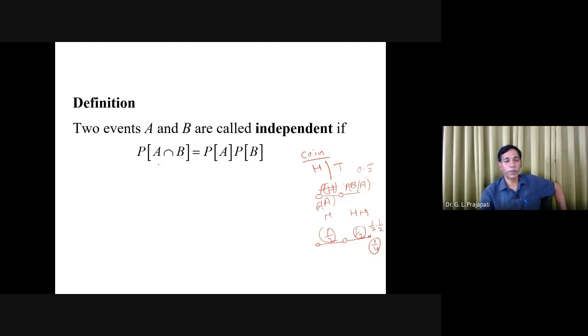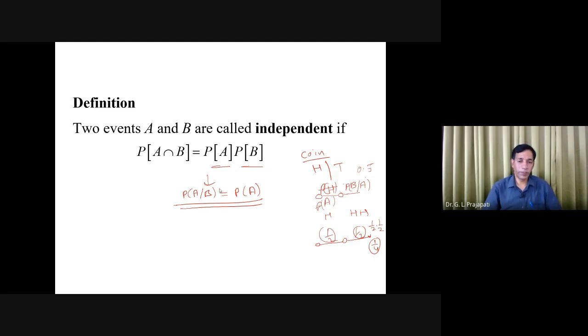So that's why, if two events A and B are independent, then probability of A and B is equal to probability of A times probability of B. So here, if A and B are independent, then probability of A given B is equal to probability of A. If the events are independent, then it is not going to be affected by this information.